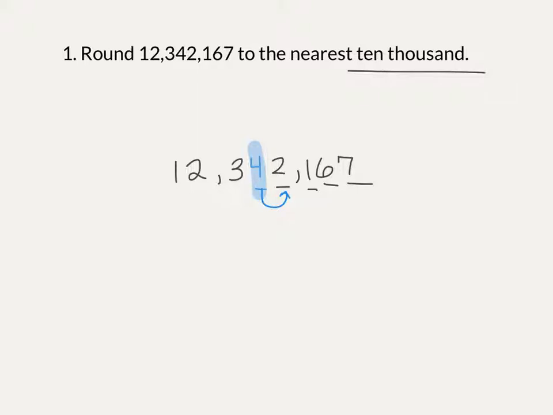If it's greater than 5, we'll round up. Since 2 is less than 5, we're going to keep the 4 as is. Next, we'll change all values to the right of the 4 to zeros. So our answer is 12,340,000.